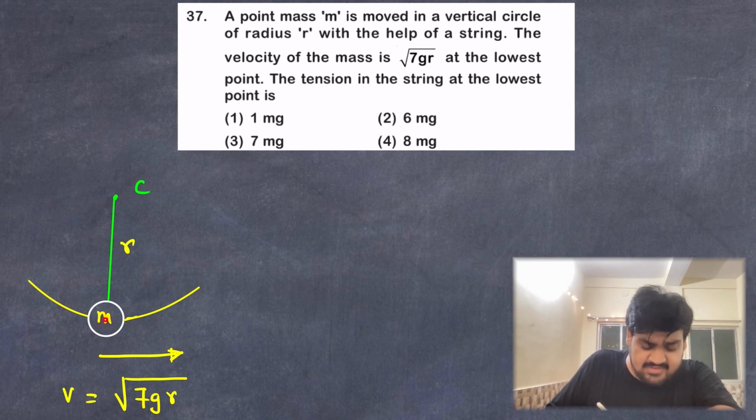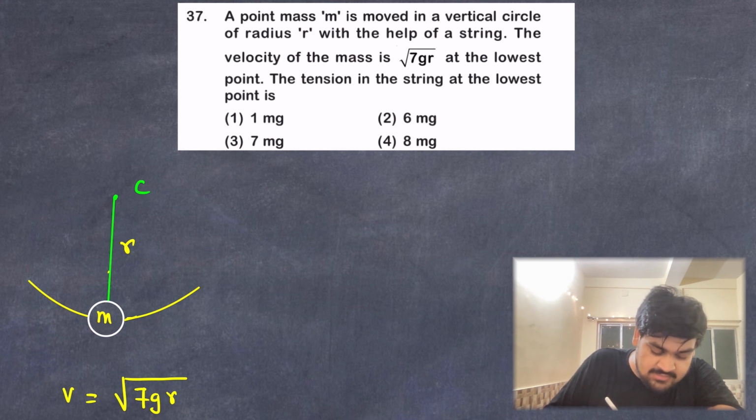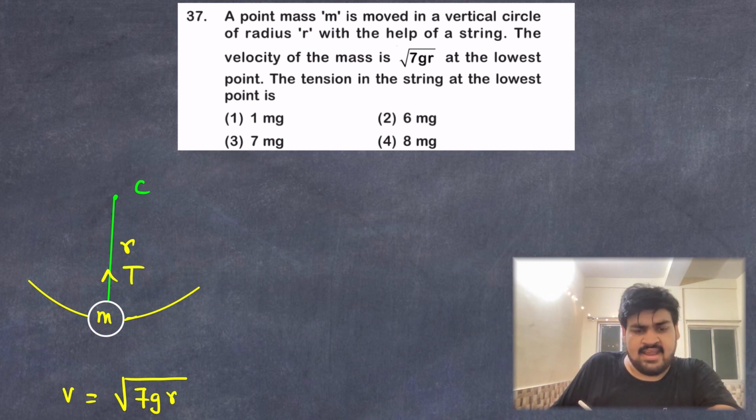So first of all, this is the lowest most position. We need to find the tension in this string in this configuration. We know that tension always acts away from the body. So for this particle of mass m, the tension will be away from the body and it will be T, right? And the weight of the body is acting downward due to gravity.